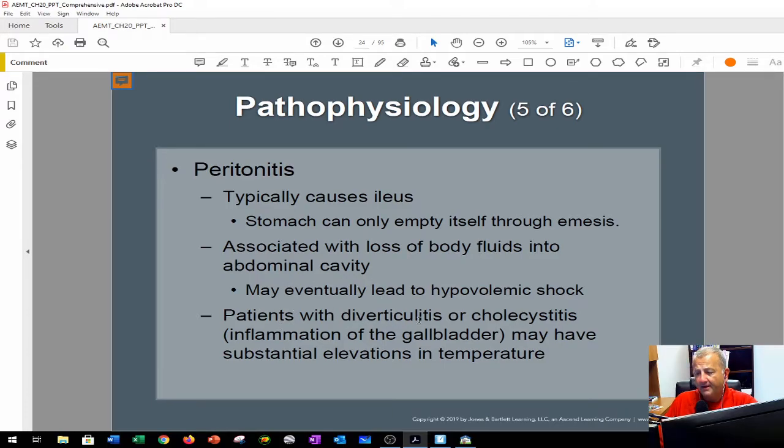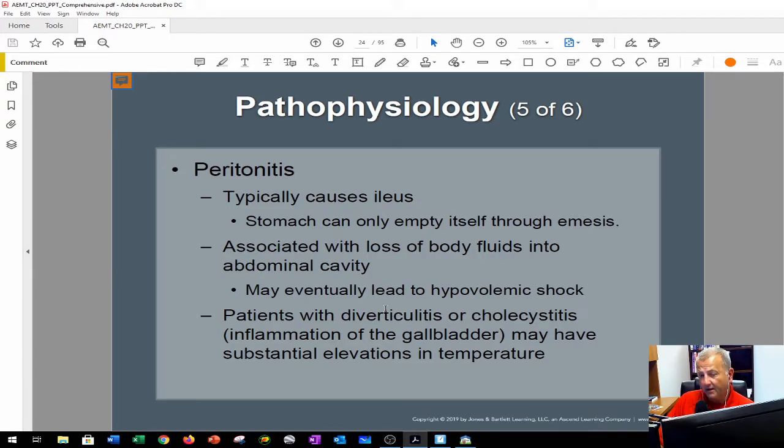Then we talk about diverticulitis and cholecystitis. Okay, so diverticulitis, these pockets form on the very inside of the colon. Okay, and these pockets are called diverticuli.